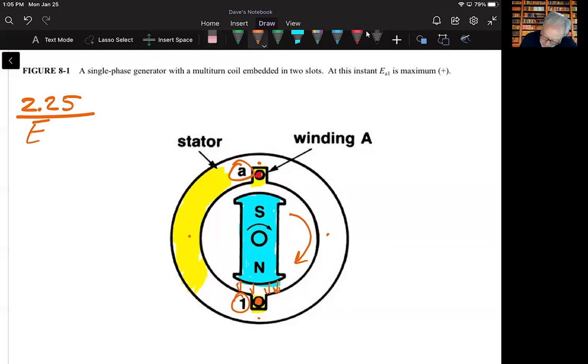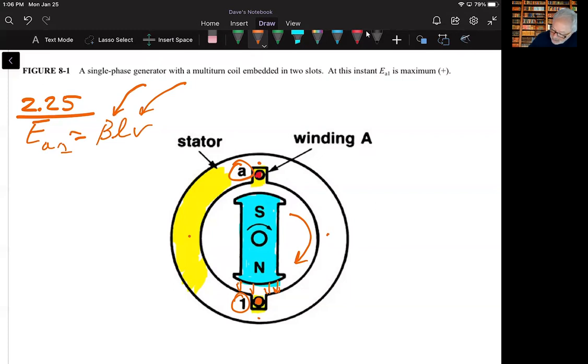This generated voltage across this coil, A1, that would occur across that coil would be equal to this equation, which is equation 2.25. This is the magnetic flux density measured in Tesla. This is the length of the conductor that is exposed to the magnetic field.